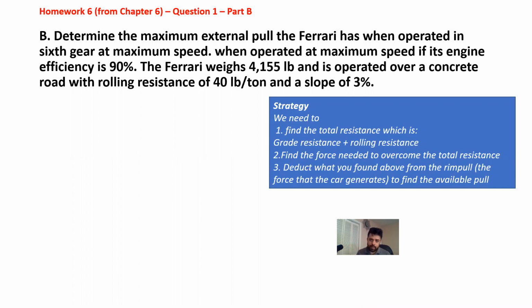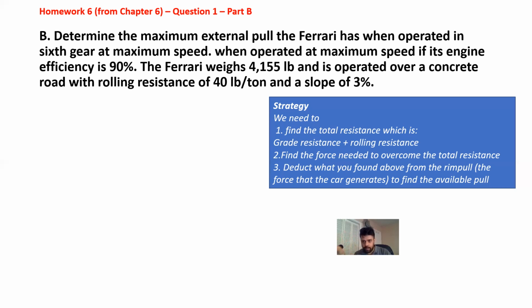Again, not all of the force that the machine generates is usable or available. A big portion of it will go to overcoming resisting forces, and the remainder of it is called the available pull. So we need to find the total resistance first.